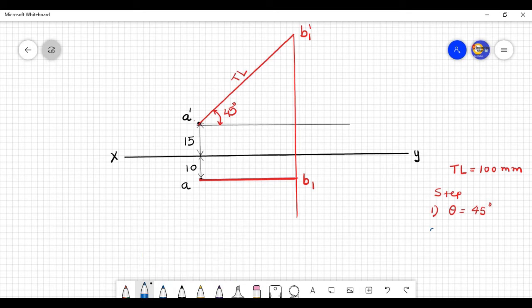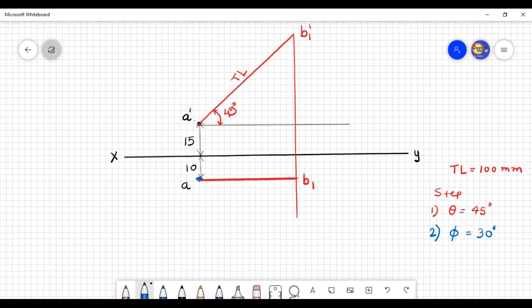Once you complete the first part, the second part is to consider phi, the angle given with respect to the vertical plane. What is the angle given with respect to the vertical plane? That is 30 degrees. So that is the second part of this problem. Let me draw the projections where the line has an angle with the vertical plane only and is parallel to HP. This is the 30 degree angle. With respect to the top view projection I had drawn, let me correct it: this is the 30 degree angle.